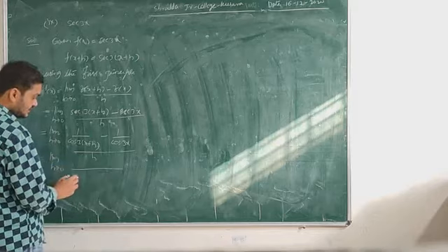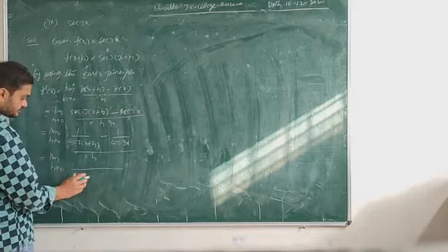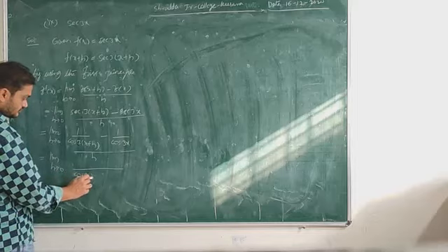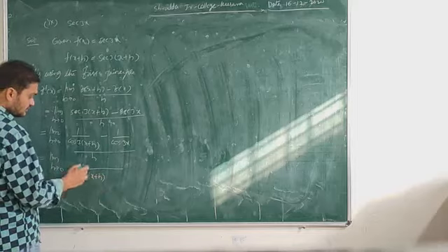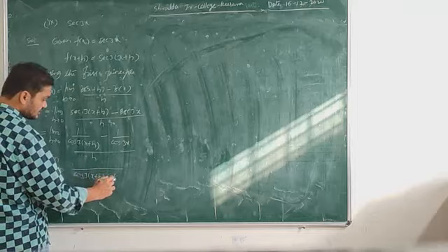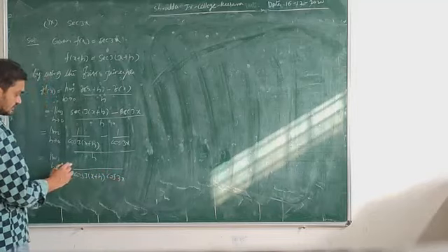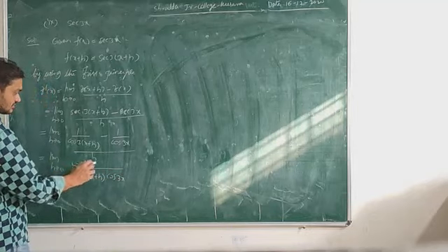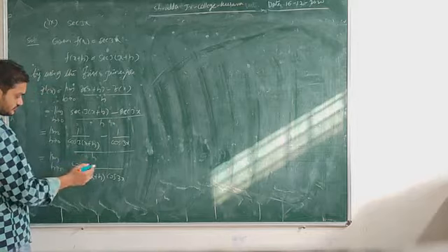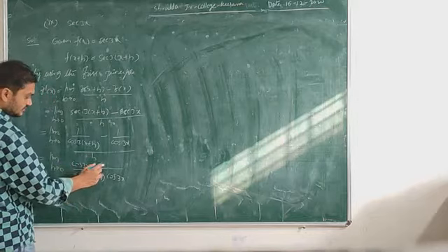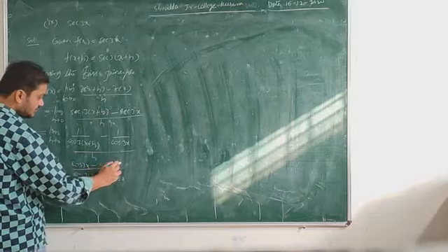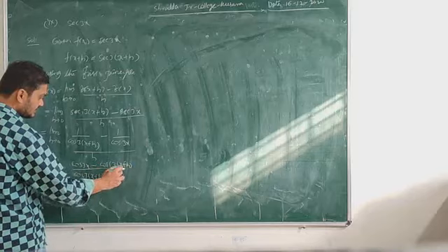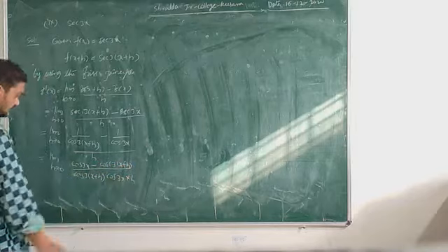Now what is the LCM here? Cos of 3 into (x plus h) into cos 3x. Now see here, cos 3x minus cos 3 into (x plus h), into h.